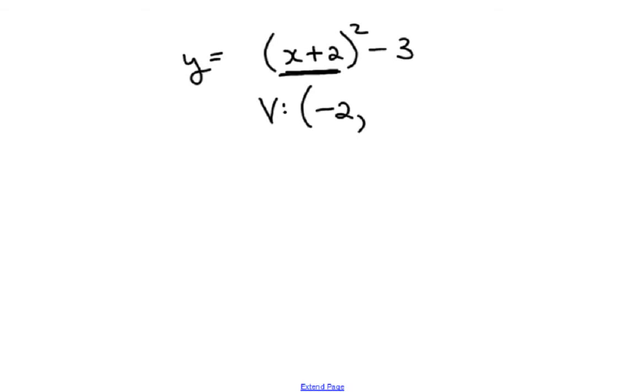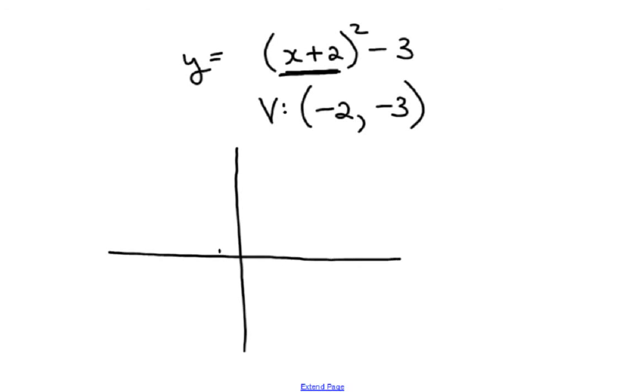And then if I plug negative 2 into this, I'm going to get negative 2 plus 2, and that's 0. 0 squared minus 3. So my y-coordinate is minus 3. So this is a parabola that is shifting 2 to the left and then down 3. So this is the new location of the vertex, right down here.